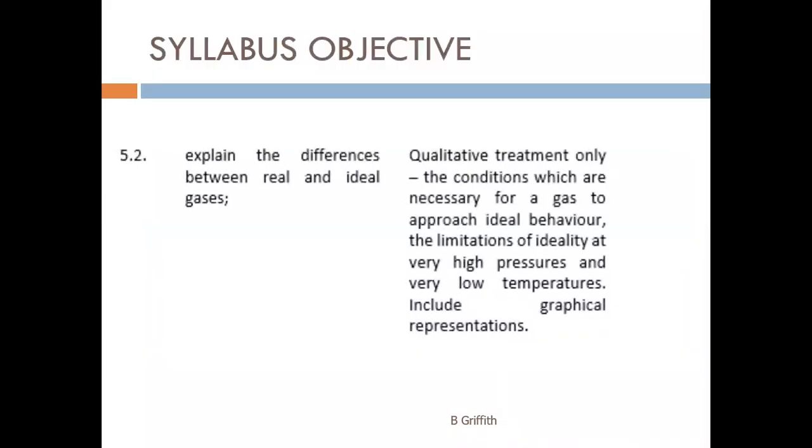According to your syllabus objective, you are expected to explain the differences between a real and an ideal gas (qualitative treatment only), the conditions necessary for a gas to approach ideal behavior, and graphical representations of real and ideal gas behavior.